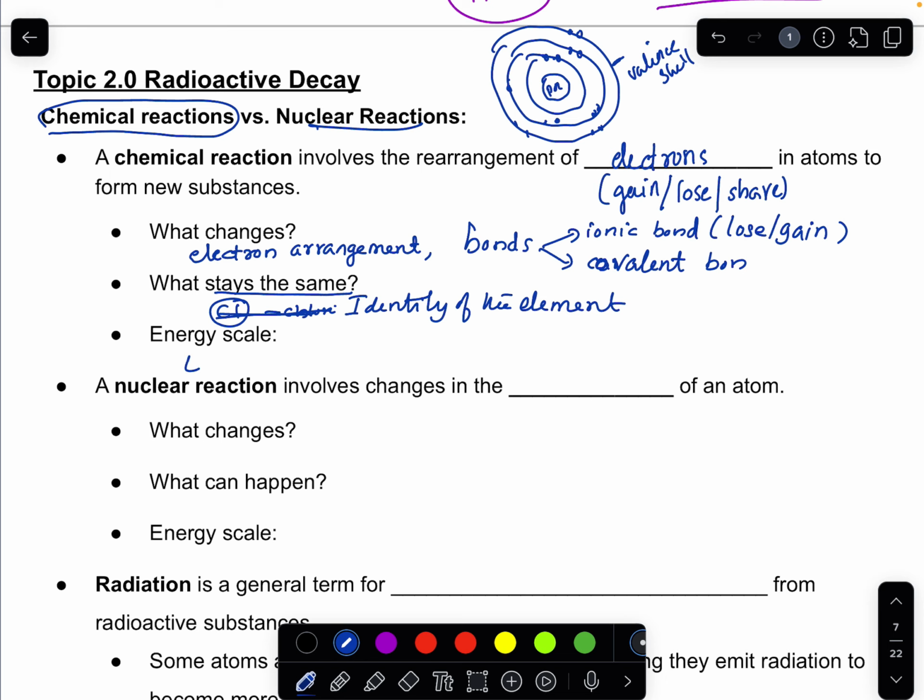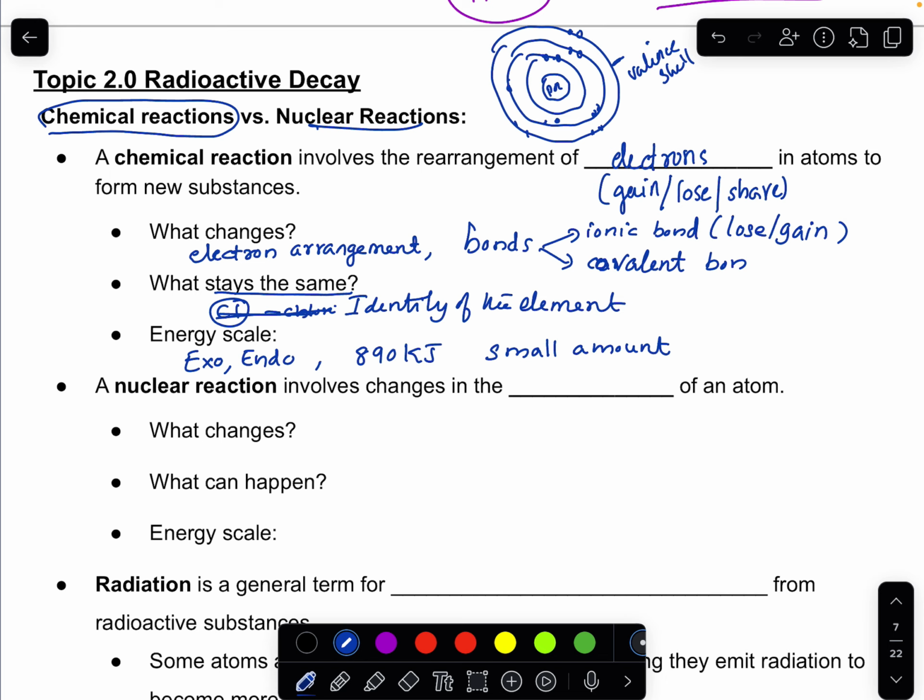Then the amount of energy: we have learned exo and endo while reacting, with bond breaking and bond forming, but we have seen that the amount of energy released is very little, for example combustion of methane releases about 90 kilojoules per mole. That is a small amount of energy compared to a nuclear reaction.